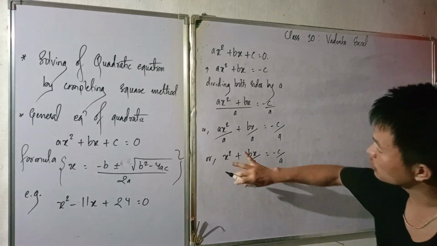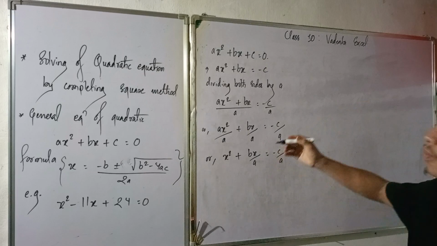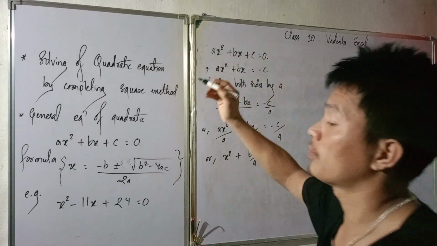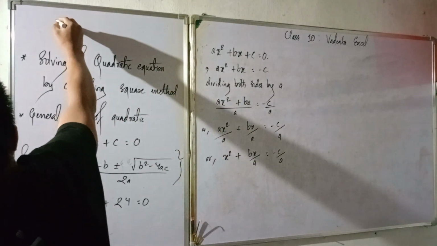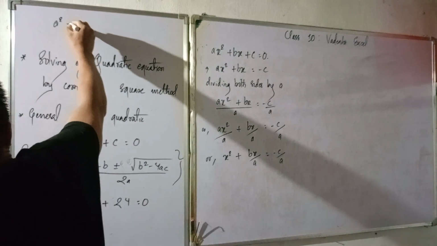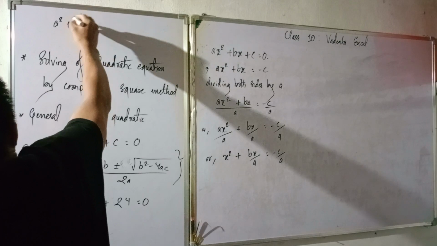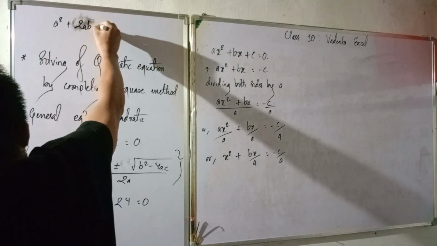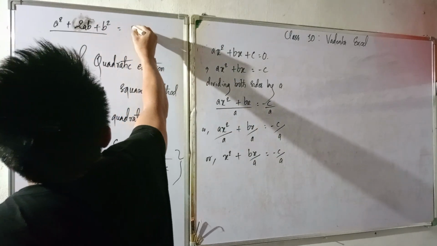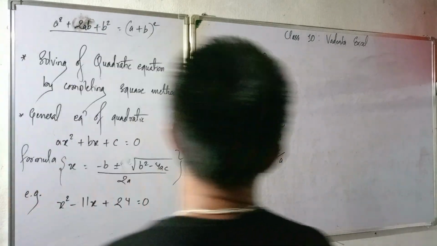In order to turn this into a perfect square, we need to convert it into the form of a squared plus 2ab plus b squared. Now we can write these terms as a plus b whole squared. So let's compare.